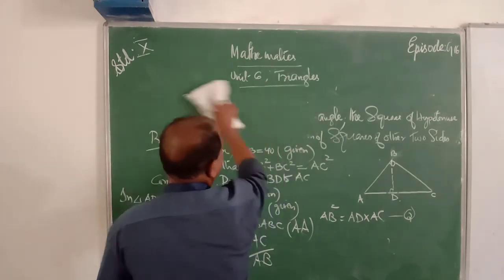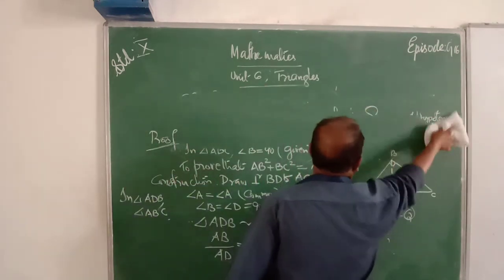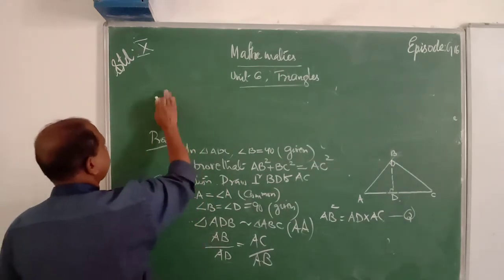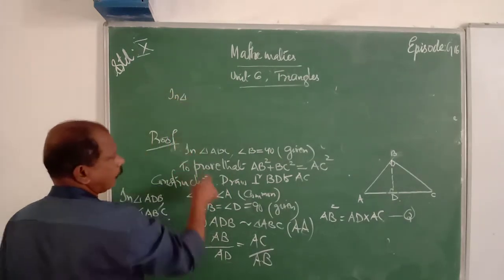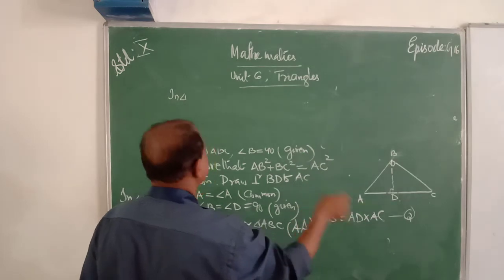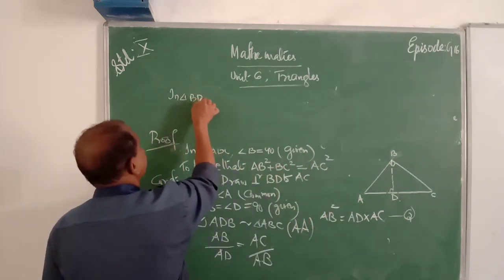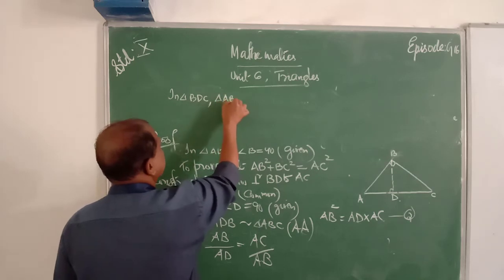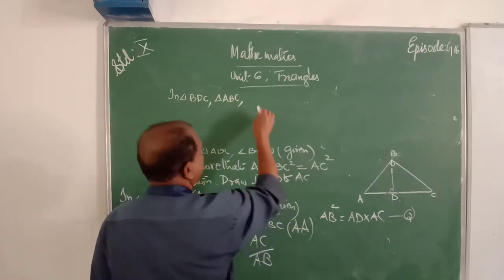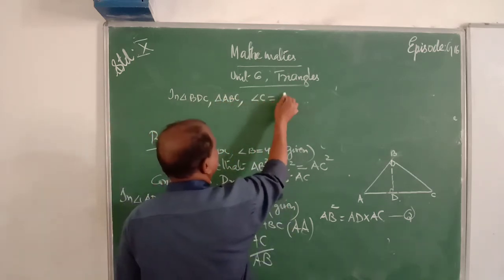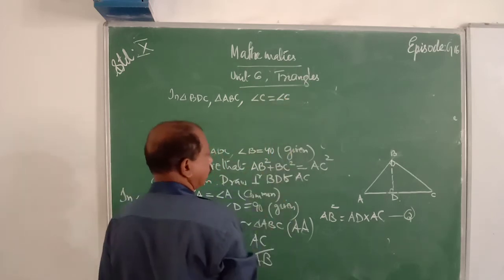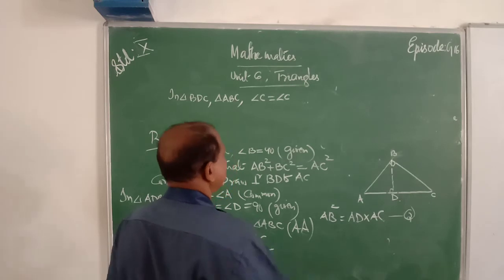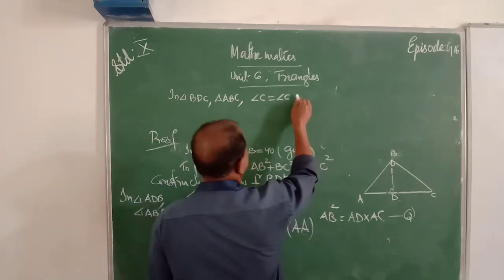Then let us consider triangle BDC and triangle ABC. Angle C is equal to angle C, that is common.